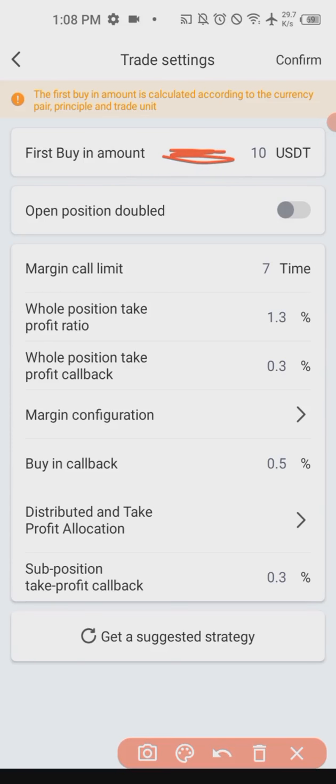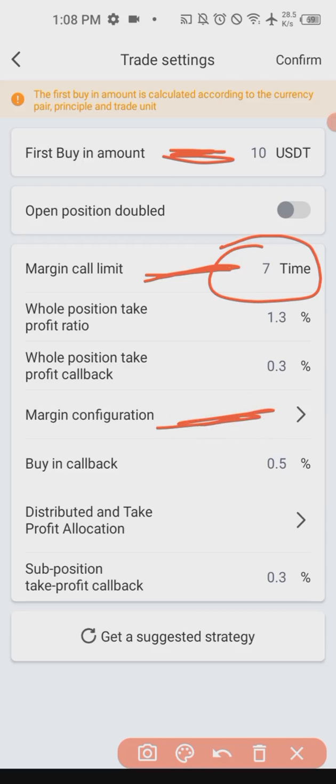This is the initial buying amount. So every time I want to enter the market, I want to be entering the market with $10. So that's why you see first buy-in amount is $10. Now, the next thing we see is this margin call limit, it's seventh time. Well, I'll jump this to explain other things because this is where we'll set the margin configuration.